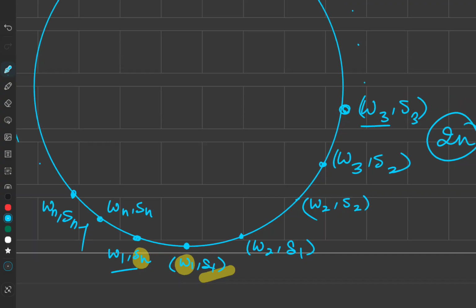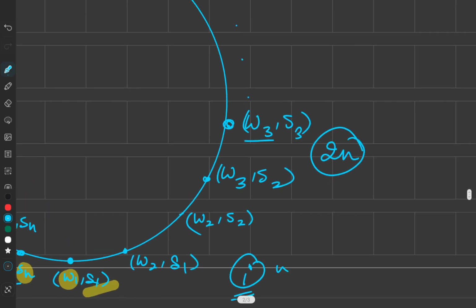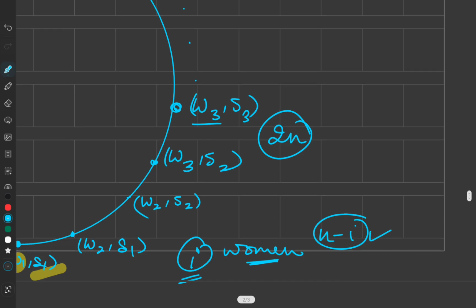So, suppose i of the women sit on the forbidden spots, and the remaining women, that means n minus i women, sit without any restriction on the remaining places.